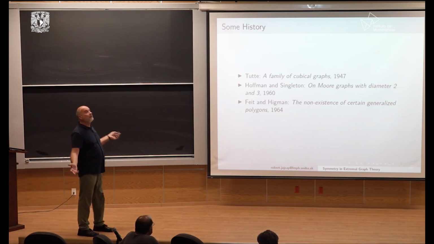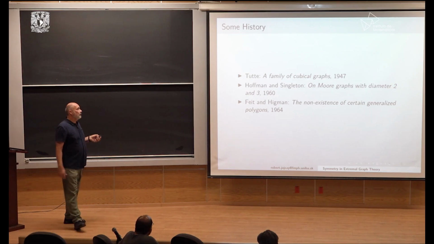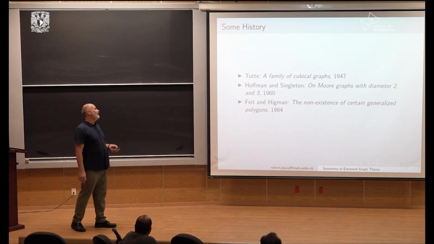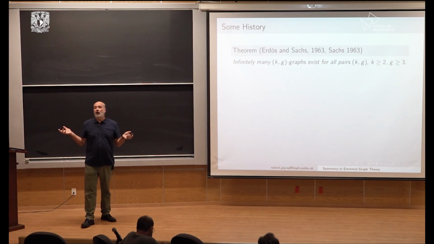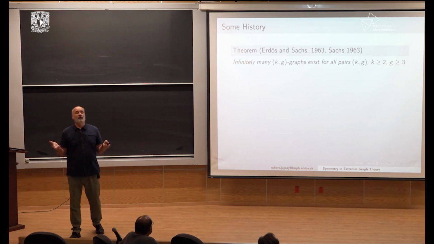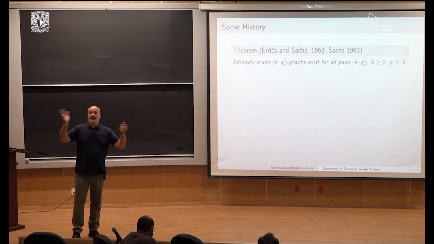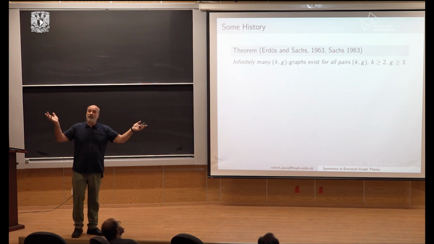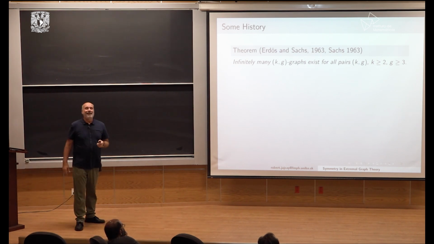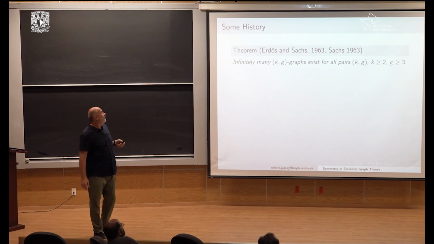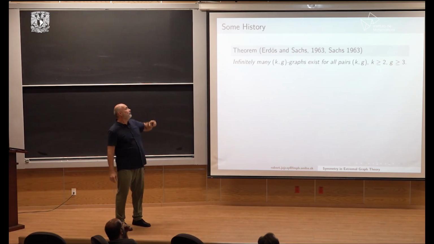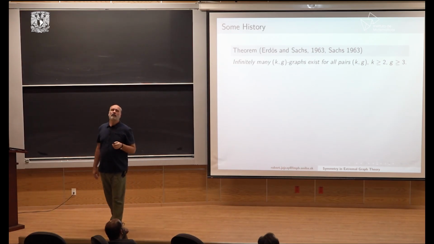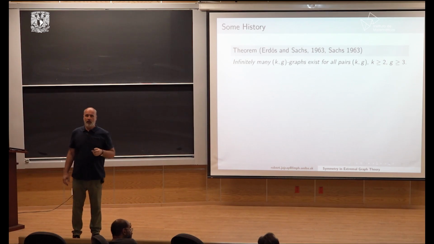Fine and Higman, again, obviously, these are group theorists who just went into graph theory. And Erdős, if you're giving a talk on graph theory, you should have Erdős somewhere. If you don't know Erdős, Erdős is the god of discrete mathematics. So he actually, together with Sachs, was the first to prove what I claimed to be true, and that is, for any pair of parameters k and g, there exist infinitely many graphs with these parameters. So it's meaningful to look for a smallest one, yeah?